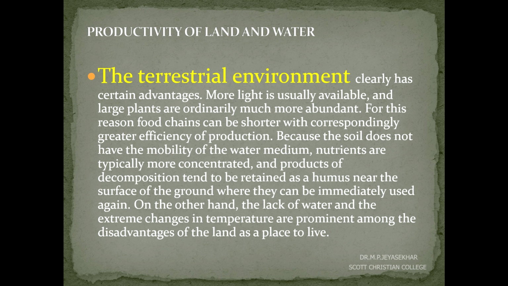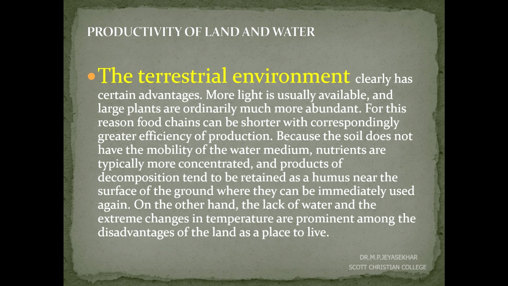Productivity of the land and the water. The terrestrial environment clearly has certain advantages. More light is usually available and the plants are ordinarily much more abundant. For this reason, food chains can be shorter with correspondingly greater efficiency of production.